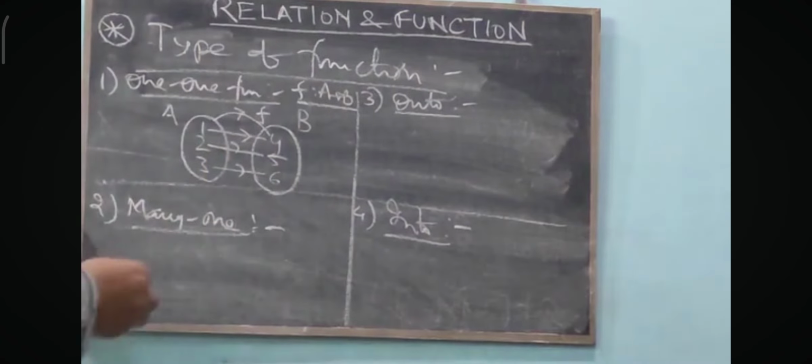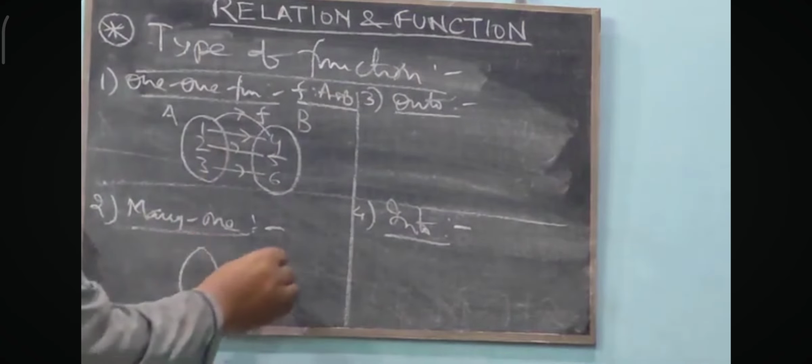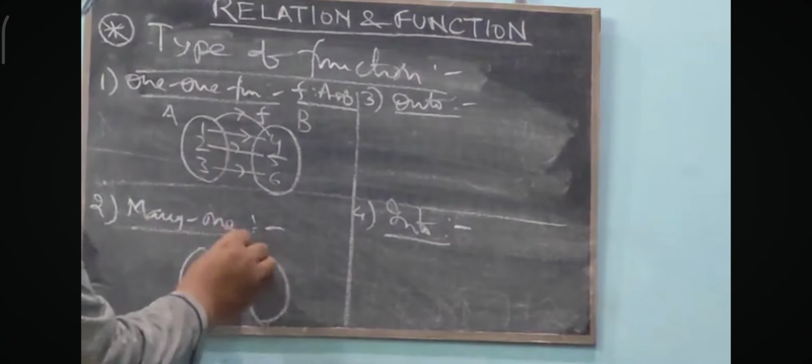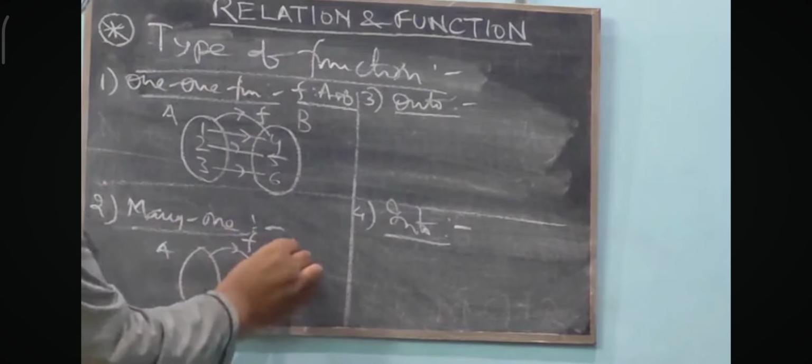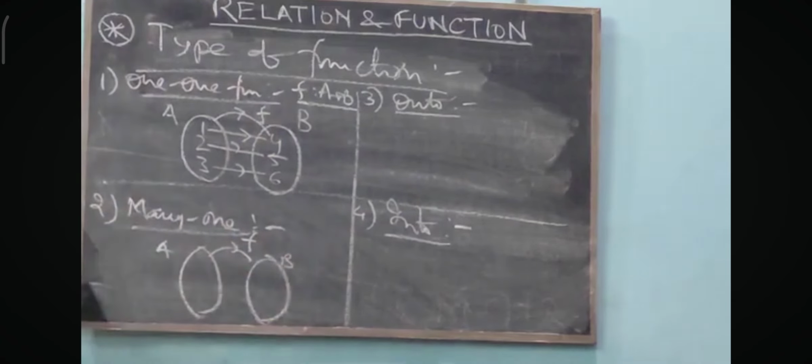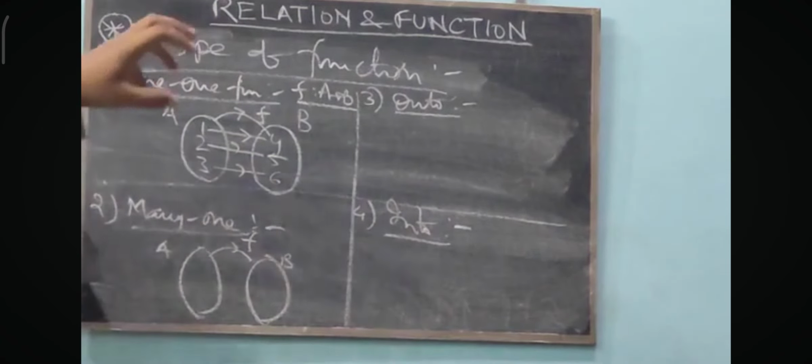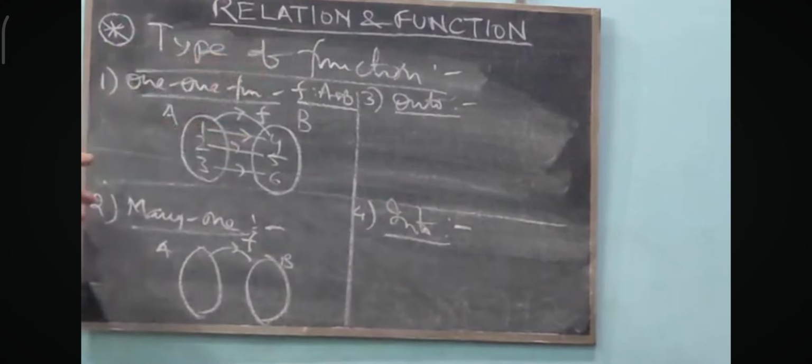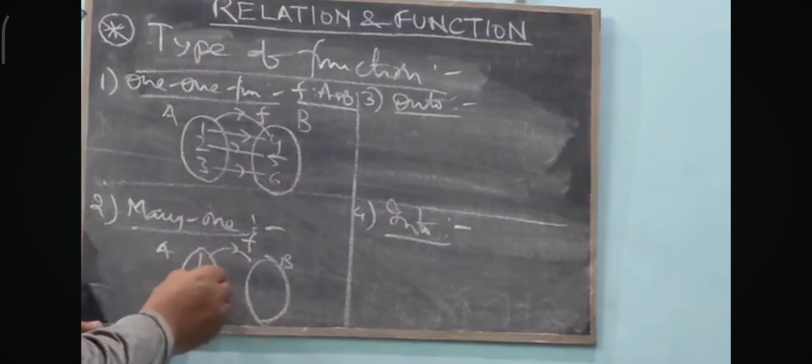Okay. Now many-one. Now we come to many-one. The many-one name is again indicating that many to one means more than one element will have one single image. So if the figure is like this, 1, 2, 3, 4.